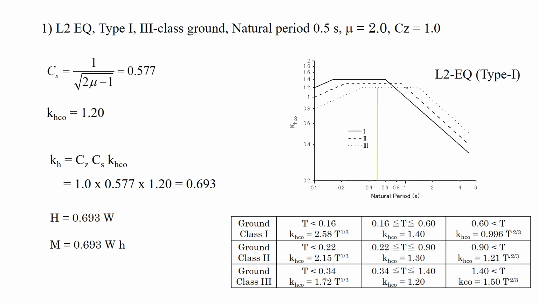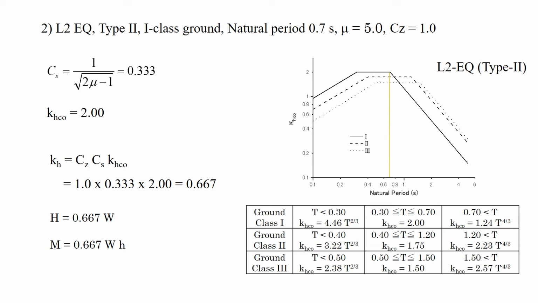For case 1, Cs is calculated by this equation with mu of 2.0. KHC0 is 1.2, then KH becomes 0.693. Then H is 0.693 W, M is 0.693 WH.